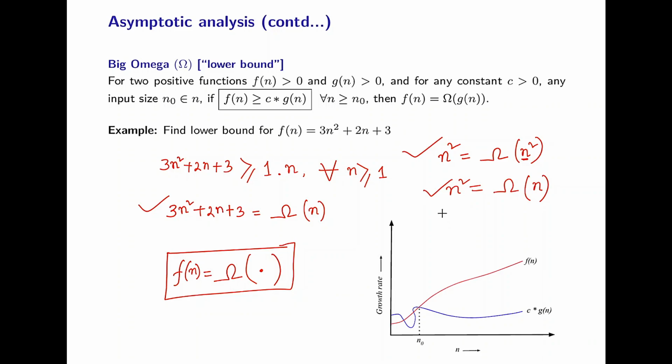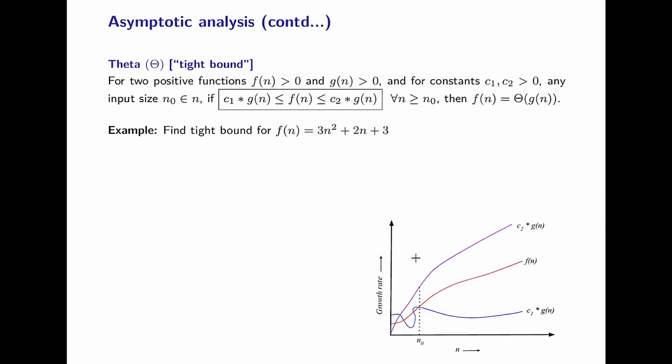Yes, it is also true. But can I write n square equal to big omega of n cube? No, it is not true, because here n cube is neither equal to n square nor less than. So this is the concept of finding lower bound, that is denoted by big omega.